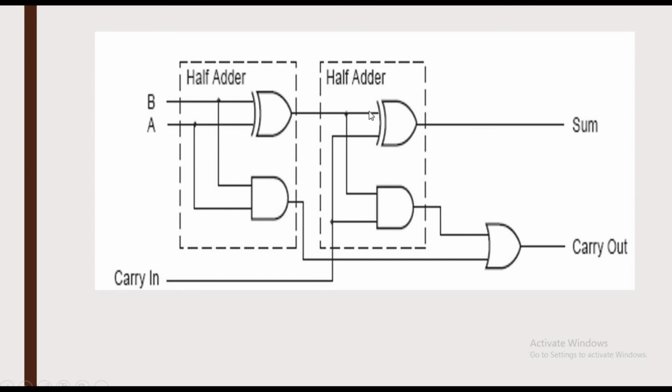Similarly we have the second half adder, and you can see the sum output of the first half adder is the input of the second half adder, and we get the sum equation here. Similarly, here we have the two carry out signals of those two half adders, C out 1 and C out 2, and this is the detailed picture of the full adder using two half adder circuits.